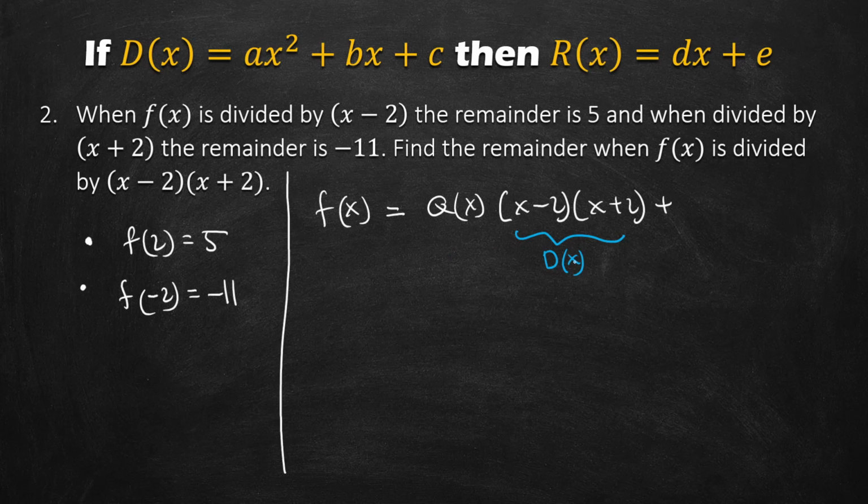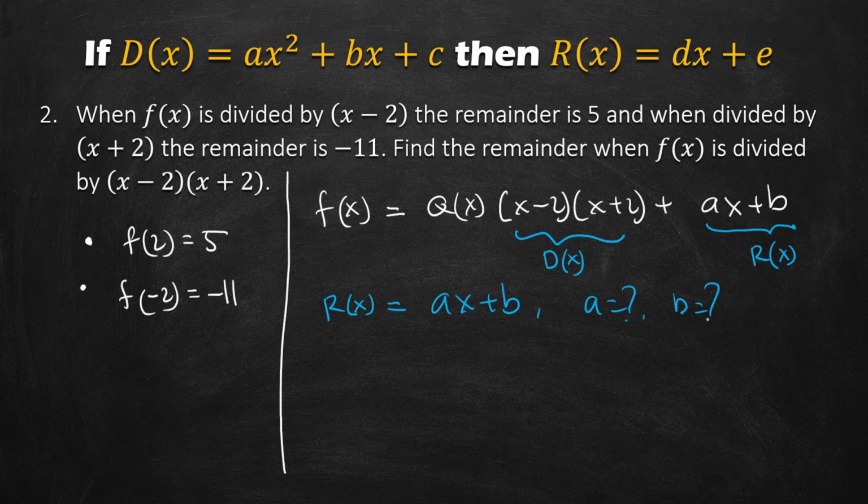So if d(x) is quadratic, then r(x) must be a degree 1 equation, which I will write as ax + b, and a and b here make up the remainder. So if the question is to find the remainder, we need to find the values of a and b first. If we can find a and b, then we have already solved the problem.